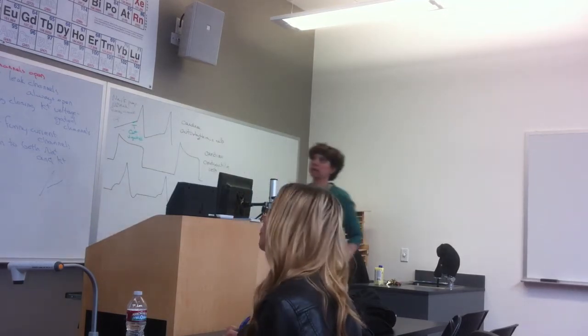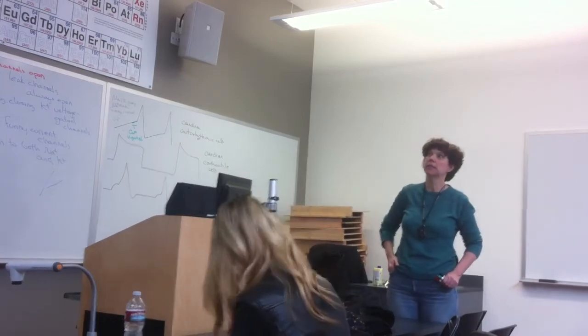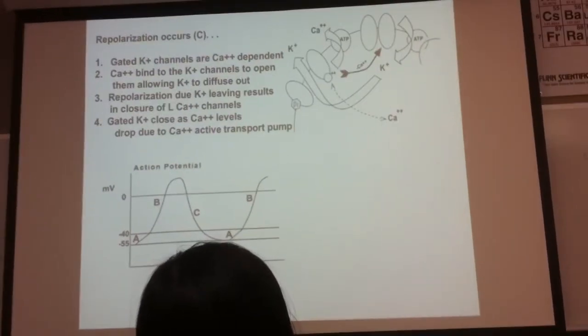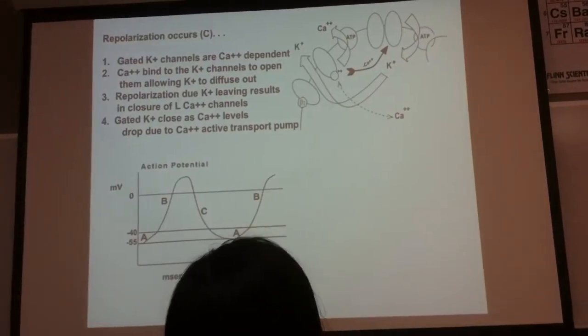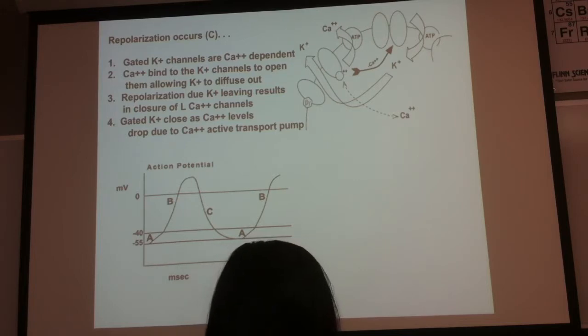So the potassium channels open, potassium diffuses out. As repolarization occurs, that causes the calcium channels to close, which further increases repolarization because now positive ions are no longer coming into the cell. And we continue repolarization. So we're losing positive ions and we're no longer gaining the calcium ions.